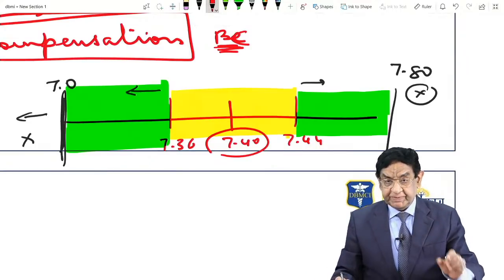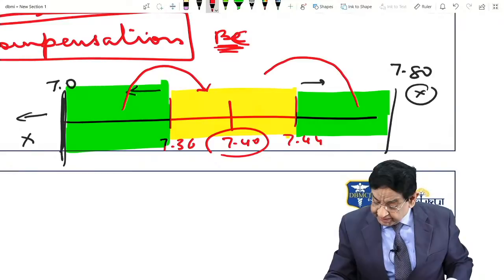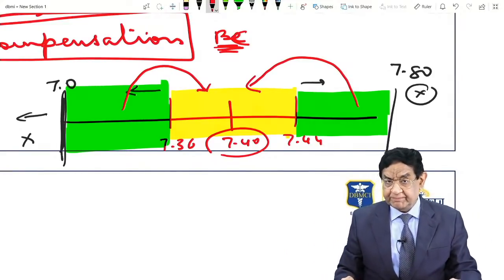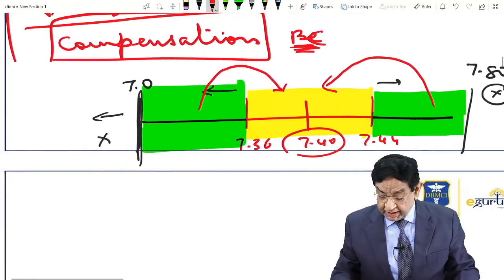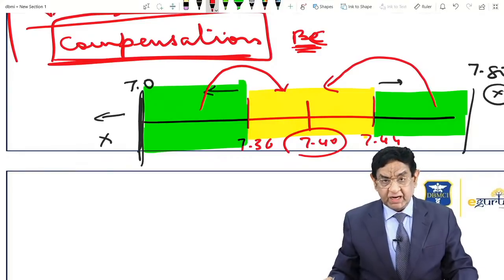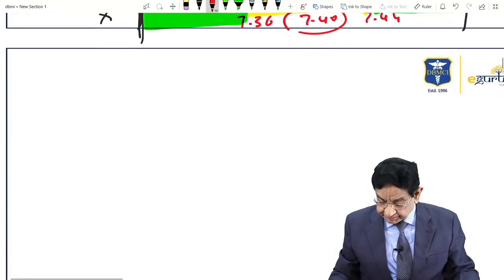So whenever the pH gets disturbed, here the body will try to bring the pH to normal, or here the body will bring the pH to normal range, and this process of bringing back the pH to normal is so-called compensation. But why and how this compensation occurs, let us see.